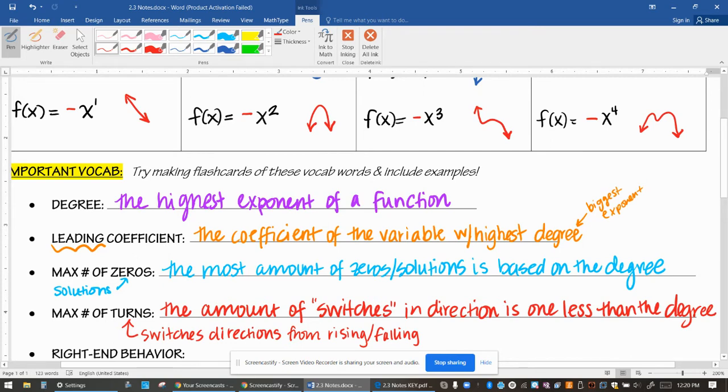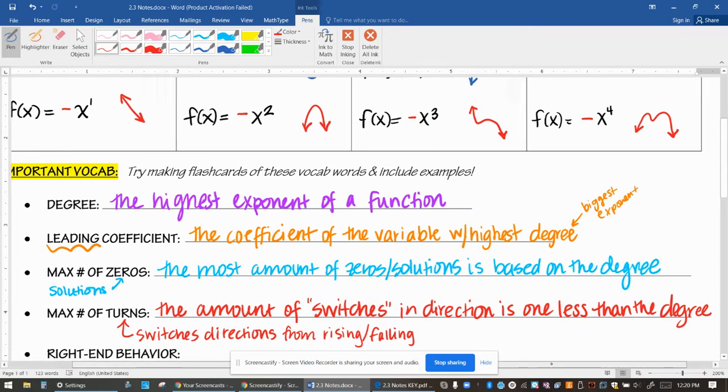So what does that mean? That means that if you have something like a parabola, right? So let's just think of it as a parabola.